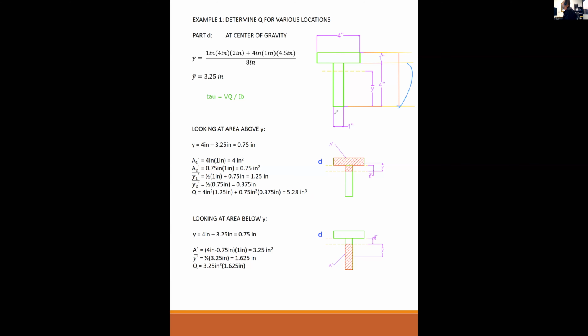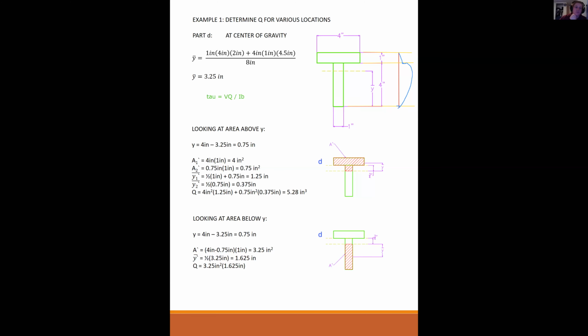At the very bottom of the section, there's exactly 0 Q. So you have 0 horizontal shearing stress at the bottom of the section. You have 0 at the top, but you're going to have this big step in here, just like that. Why is there a step right there?